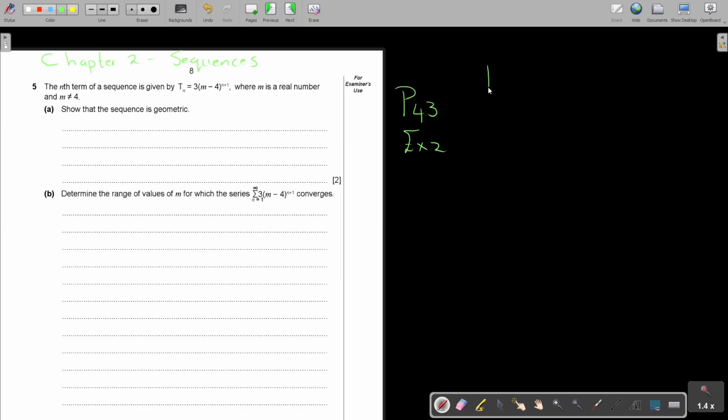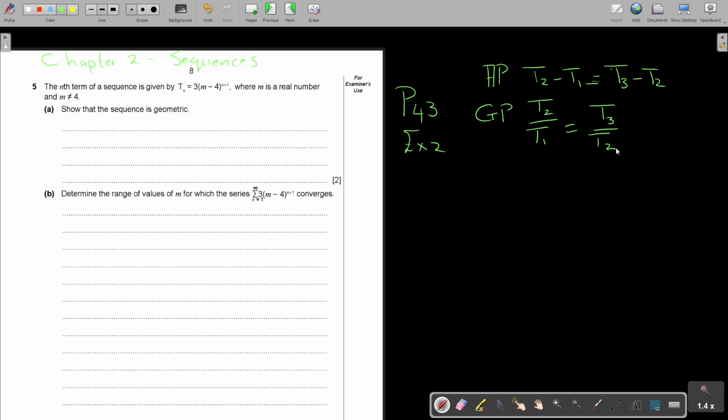Remember, for an AP, you will say T2 minus T1 will be equal to T3 minus T2. And for a GP, you will say T2 divided by T1 will be equal to T3 divided by T2. Okay, so that's the principle that we're going to use.